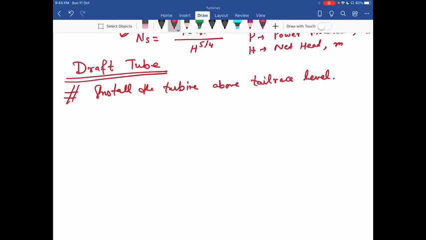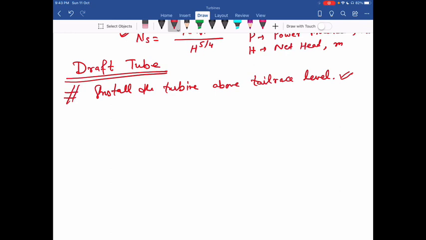But when we install the turbine above tail race level, our available head, whatever gross head is available with us, is reduced by the amount by which we install the turbine above tail race level. So that amount of head goes waste. It is not used in useful work. That is the disadvantage of installing the turbine above tail race level.